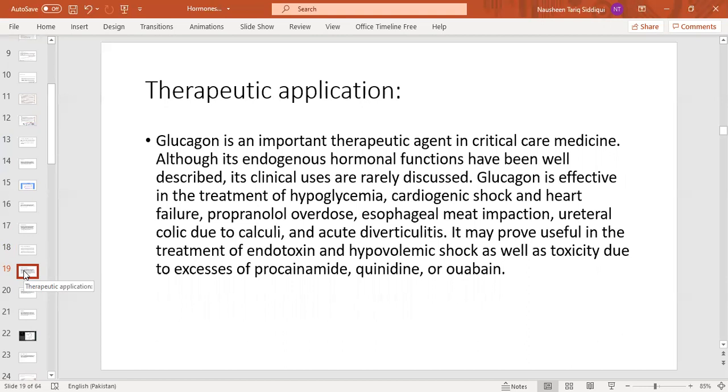Glucagon is effective in the treatment of hypoglycemia, cardiogenic shock, and heart failure, propranolol overdose, esophageal meat impaction, uterine colic due to calculi, and acute diverticulitis. It may prove useful in the treatment of endotoxin and hypovolemic shock, as well as toxicity due to excess of procainamide, guanidine, and ouabain.